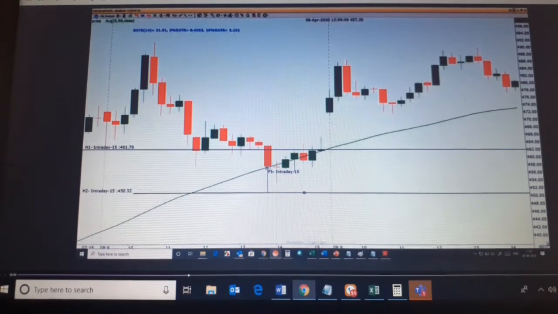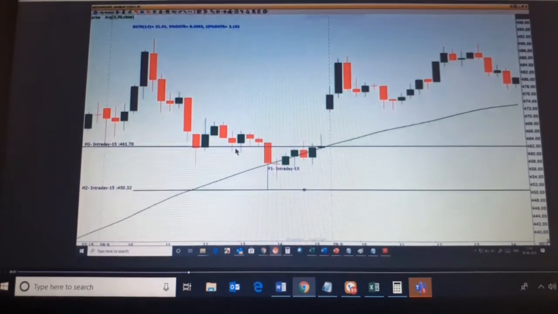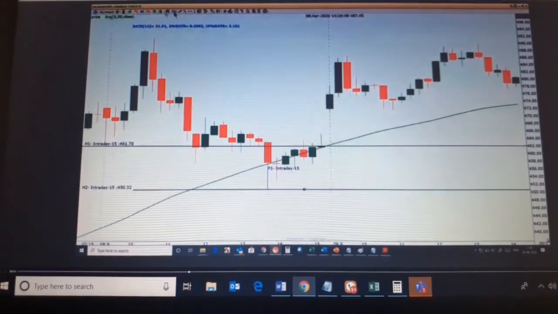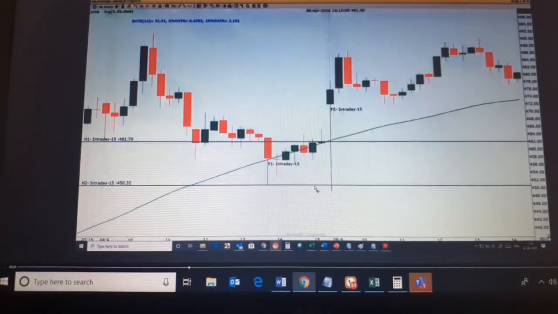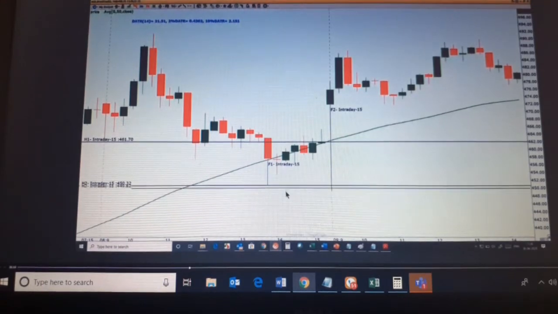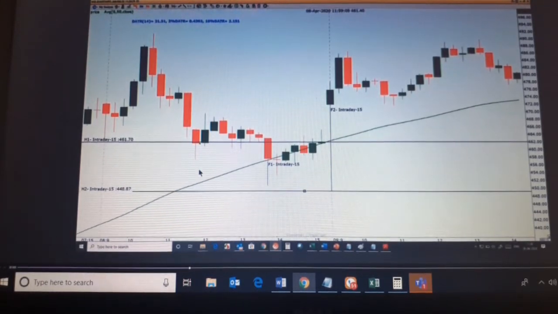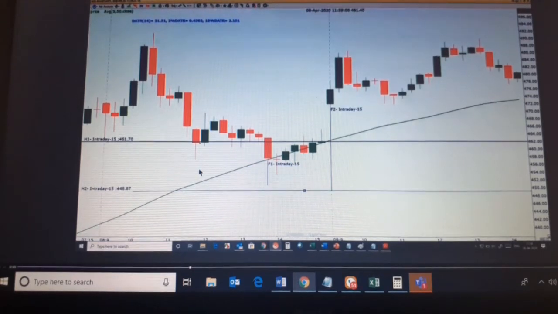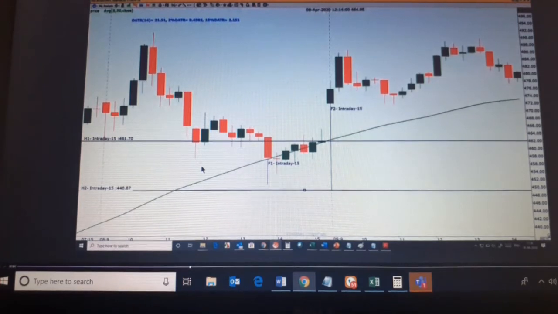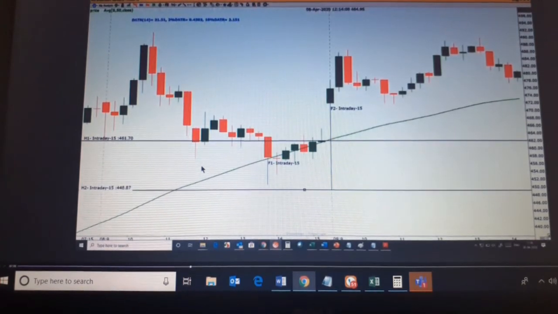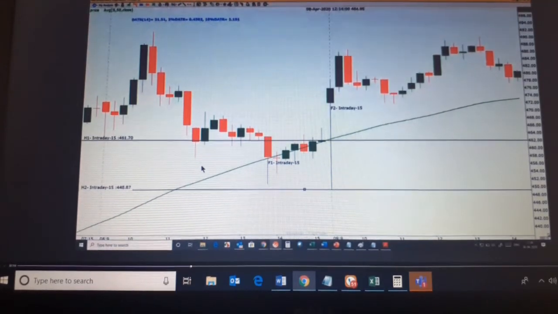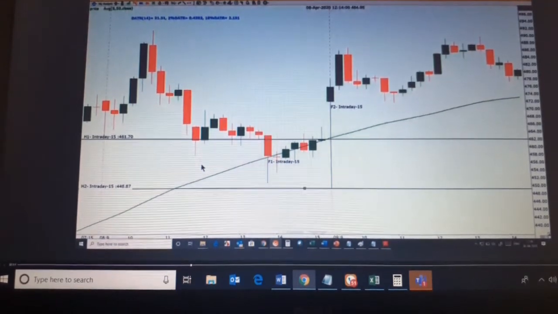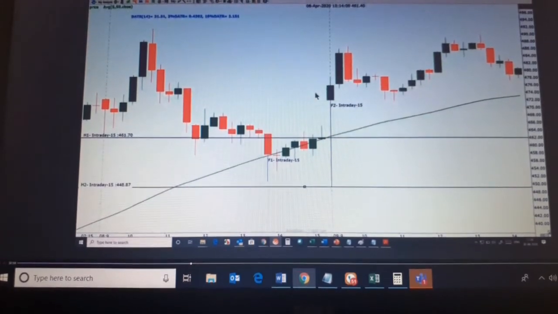Similarly, if my leg-in wick was something like this, then my distal line would have come over here. Is this clear? In your reversal pattern, we do consider the leg in, the base and the leg out for drawing our distal line. Only in the case of a continuation pattern, we ignore it.